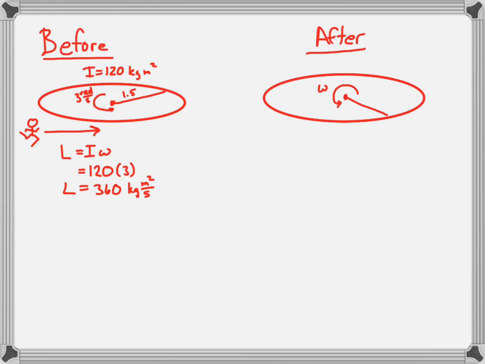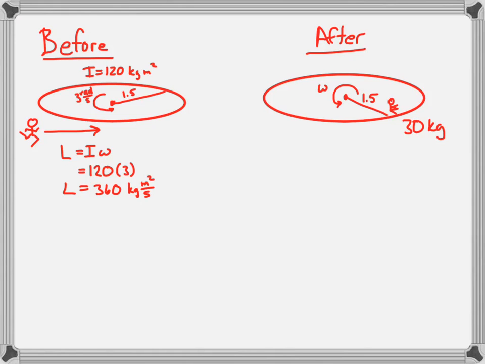Now she's on the merry-go-round, sitting, and she's going wee, and her mass is 30 kilograms. And how far is she away from the center of the circle? Well, that's going to be the radius of the circle, which is 1.5.